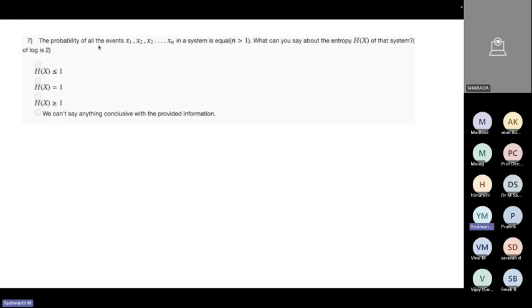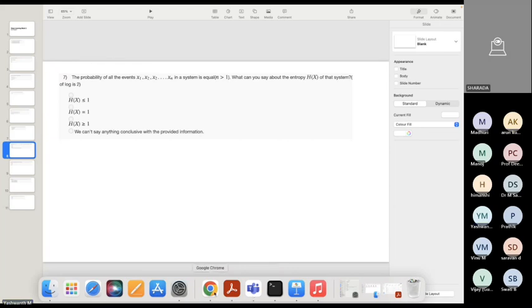What can you say about the entropy of that system? Entropy is greater than or equal to 1, at least in this setting. Let me explain this in a bit more detail.